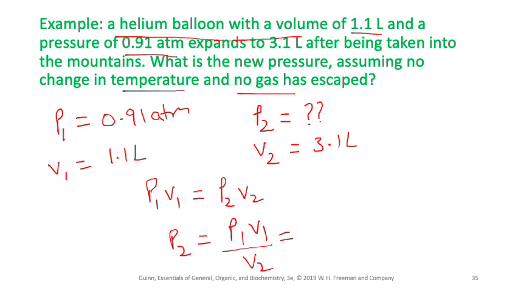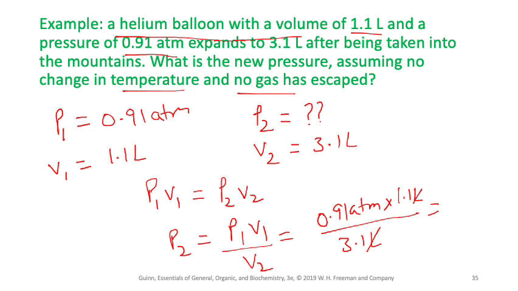over here, pressure is 0.91 atm, V1 is 1.1 liter, over volume 2, which is 3.1 liter. Liter gets canceled out.